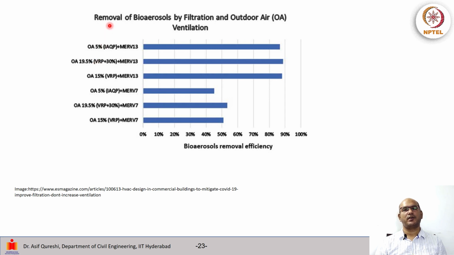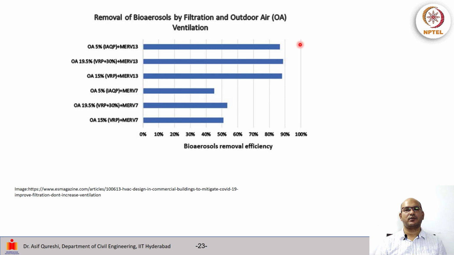Removal of bioaerosols by filtration through one of these filters, MERV 13, which achieve different levels of efficiency for different particle sizes, combined with outdoor air, has been shown to achieve high removal efficiencies of bioaerosols. For example, filtered together with 5% outdoor air, almost 90%. With 20% outdoor air, also almost 90%.